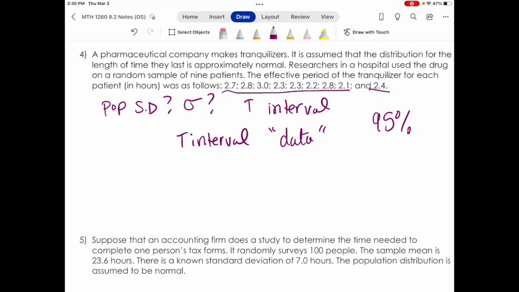So we're going to put all the data in one of our lists. We're going to choose the data option, tell the calculator which list the data is in, and tell the calculator that we want to do a 95% confidence interval. And what we're going to get is a confidence interval that is from 2.27 to 2.76.